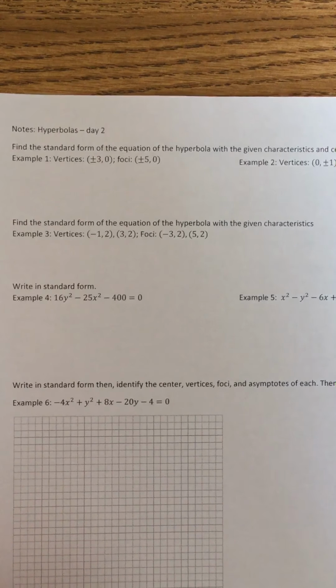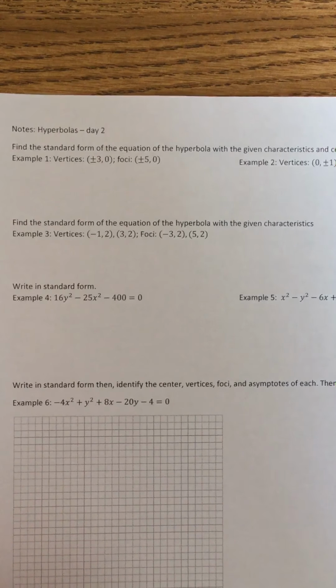So I know that a is 3, and I know that c is 5. So if I have a squared plus b squared equals c squared, I can figure out what b squared is. So I'm going to take 9 and subtract from 25, and when I do that, I get 16. So b squared is 16.